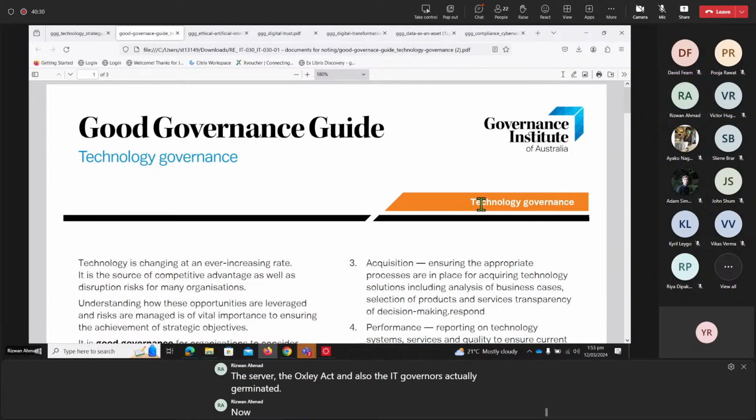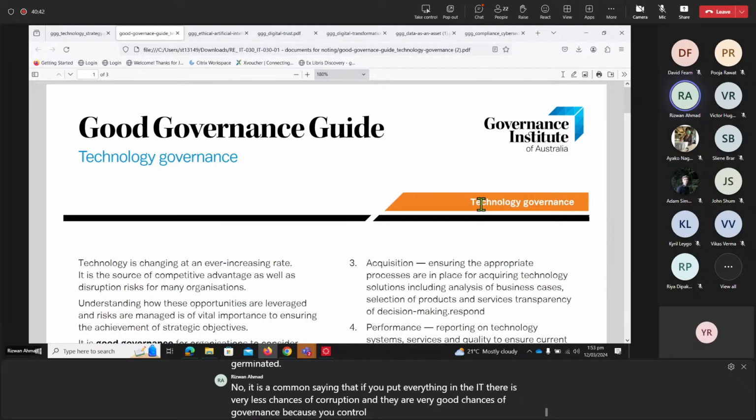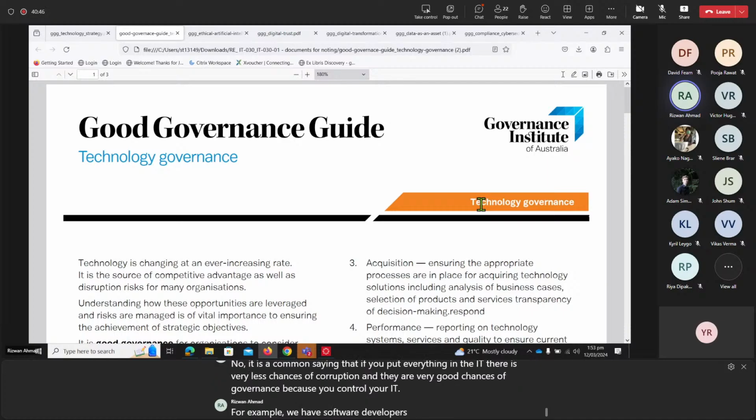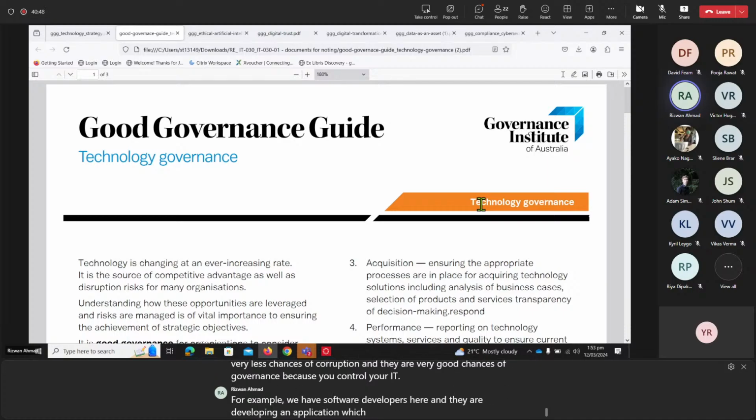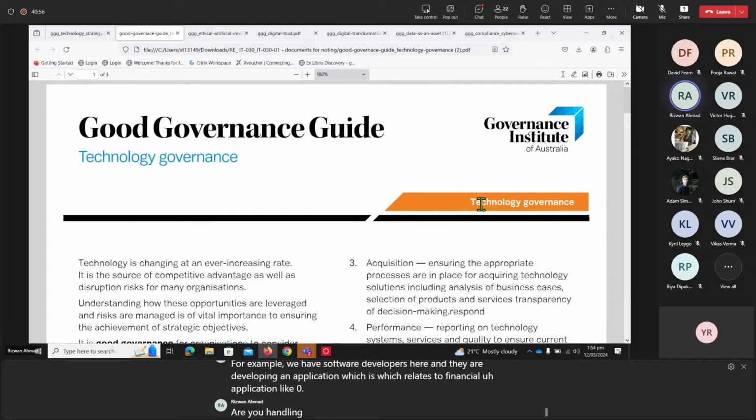Now, it is a common saying that if you put everything in IT, there are far fewer chances of corruption and very good chances of governance, because you control your IT. For example, software developers are developing a financial application like Xero, handling the finances of companies.